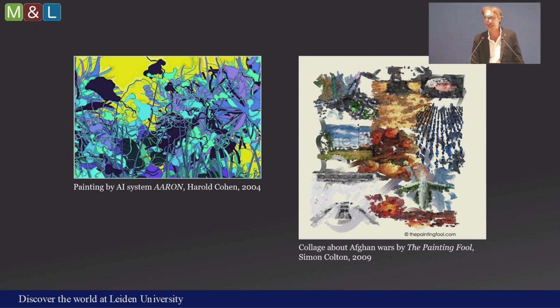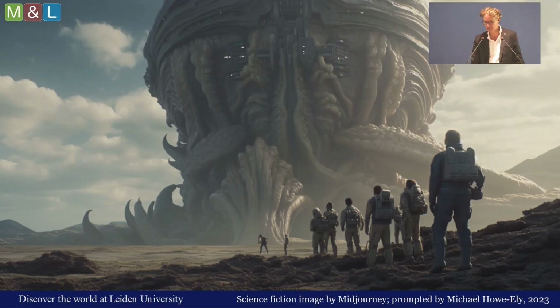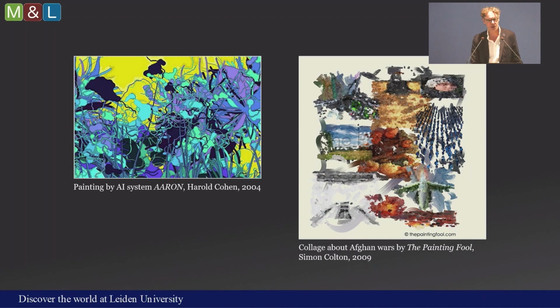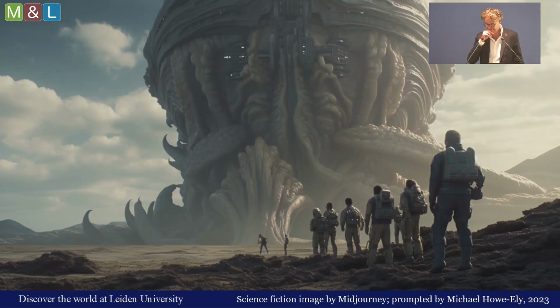Now, if you compare that to the output of generative AI systems nowadays, we see a difference. Look at the difference in quality between these old things, and I mean visual quality basically, and the modern output. There are two striking observations to be made.